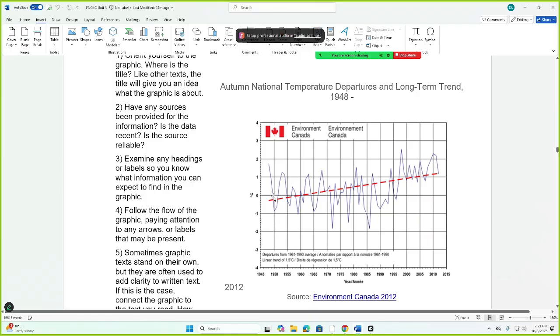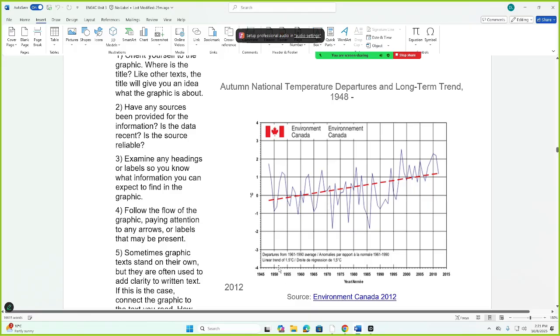So in 1950, the autumn temperatures were cooler by 1 degree in that year. And then in 19, looks like about 54, right?